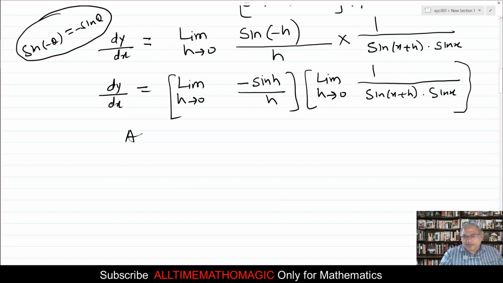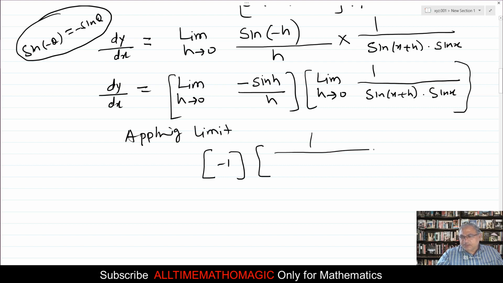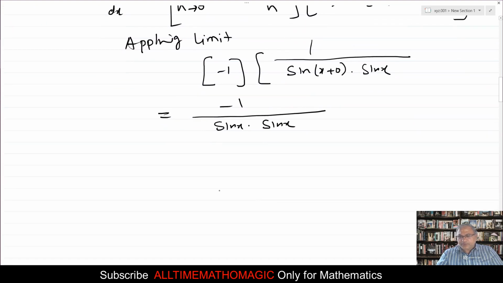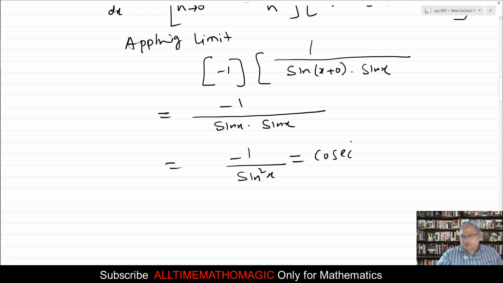So applying limits, the first part becomes minus 1, and the second part is 1 upon sin x plus 0 into sin x, that is minus 1 upon sin x multiplied by sin x, which equals minus 1 upon sin square x, which is nothing but minus cosec square x.